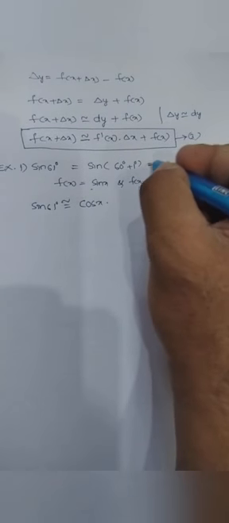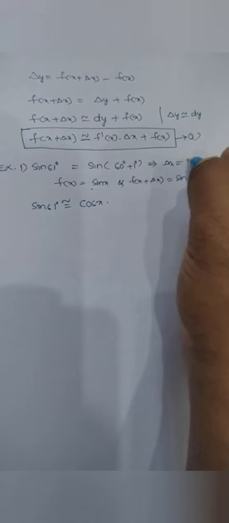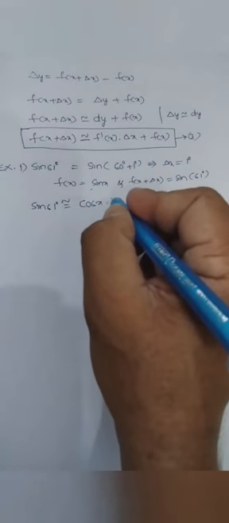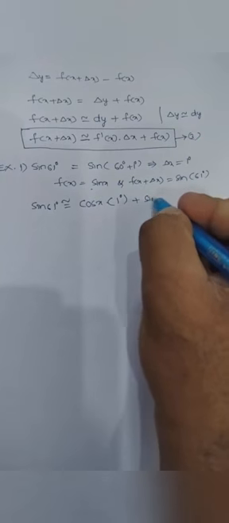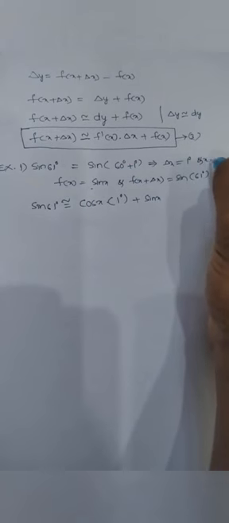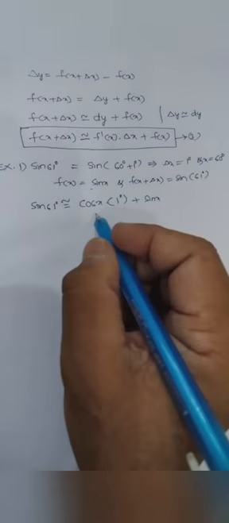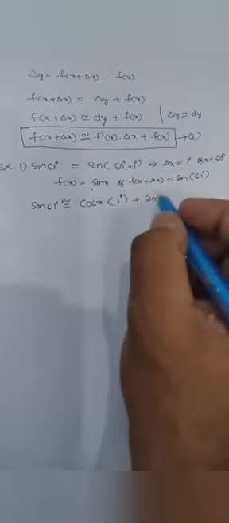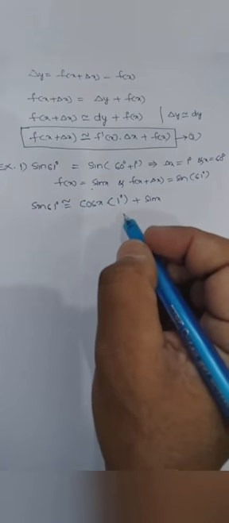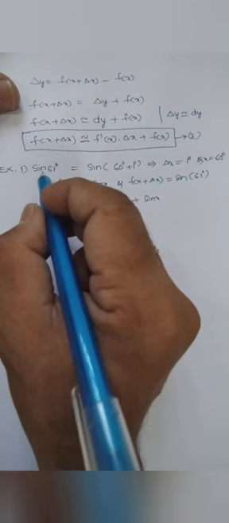Now delta x is 1 degree, so in place of delta x we put 1 degree, plus f of x, which is sin x. When we simplify, in place of x we substitute 60 degrees. In solving the problems we will solve everything from this equation, but you should know how to apply this formula in errors and approximations.